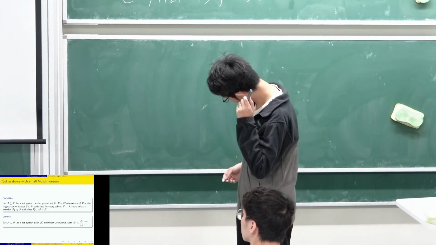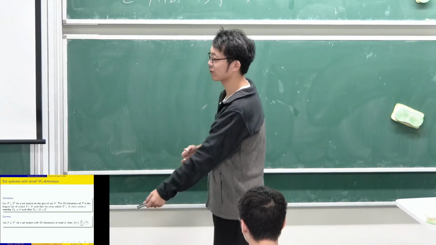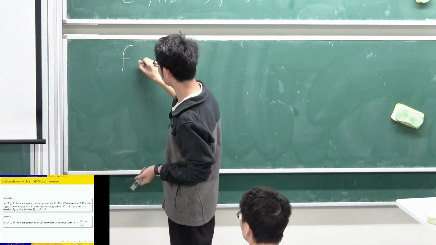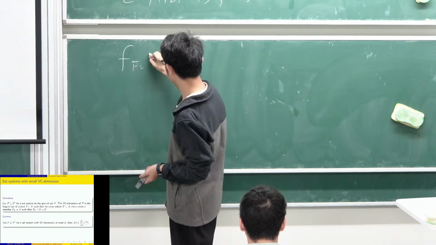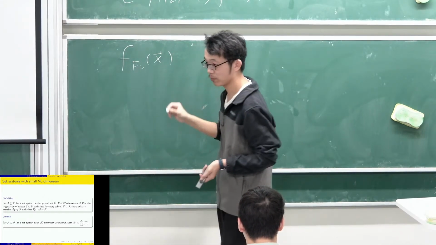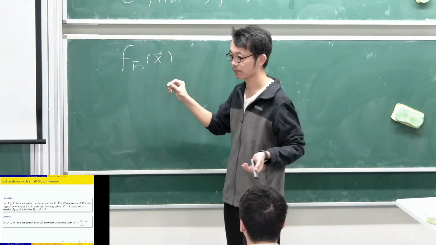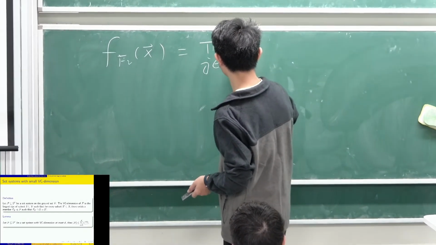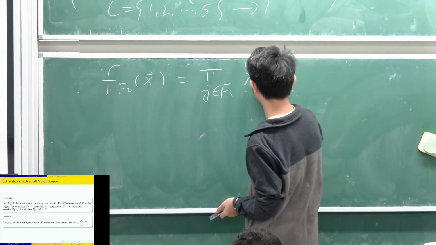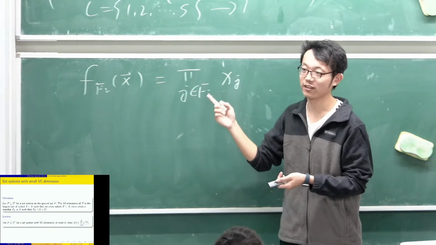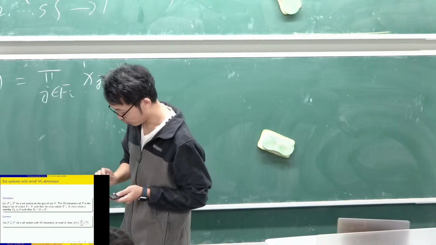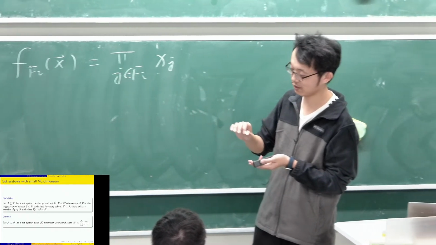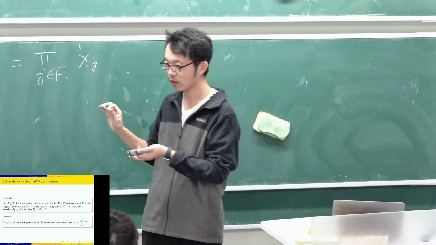Let me remember. Yeah, I think the proof sketch is like this. First, you can show that all of the indicator polynomials are linearly independent. So what we need to do is to control the size of all the possible polynomials.